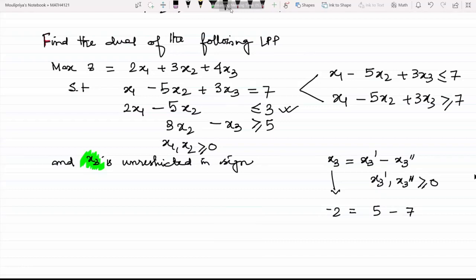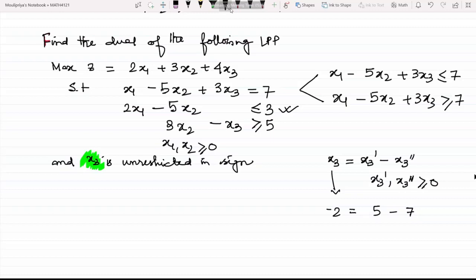I am saying, unrestricted means we don't know the sign of x3. x3 can be positive or negative. If it is positive, it's well and good because we know that the variables in a linear programming problem have to be non-negative.